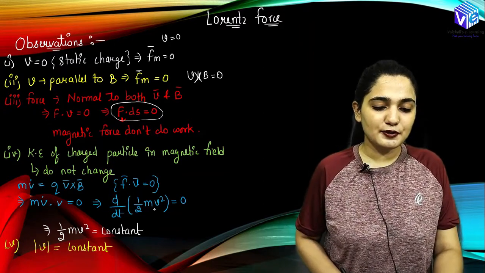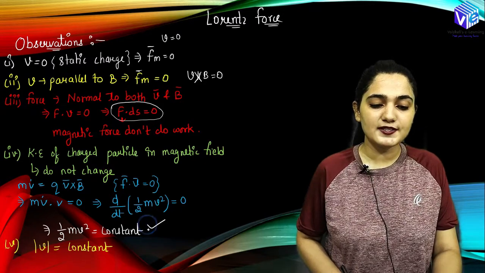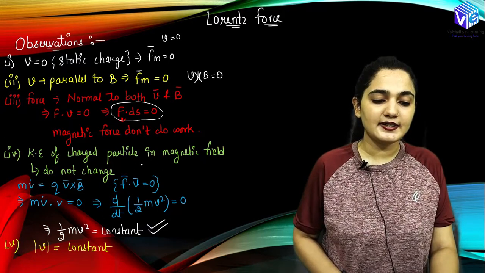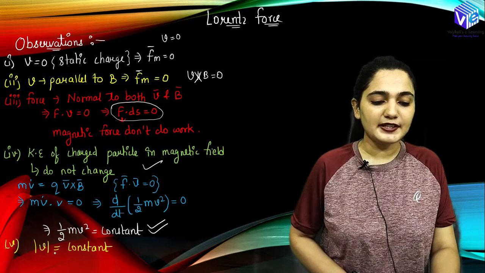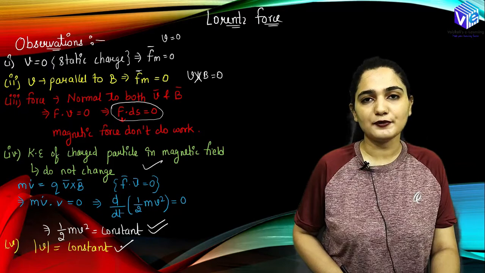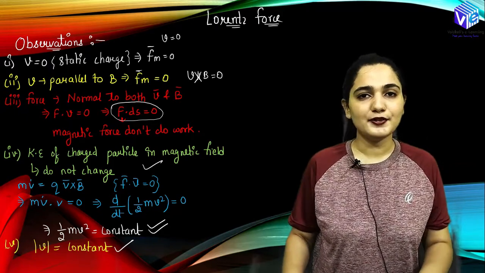So now d by dt of half m v square is equal to 0, which means half m v square is constant, which means the kinetic energy of the charged particle in the magnetic field is constant, right? And the magnitude of the velocity should also be constant to find out the Lorentz force. If it is not constant, we cannot find out the Lorentz force.